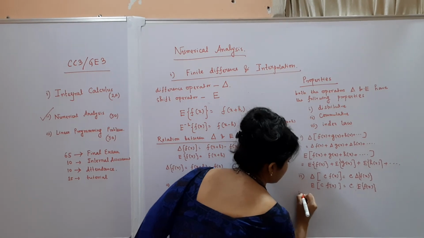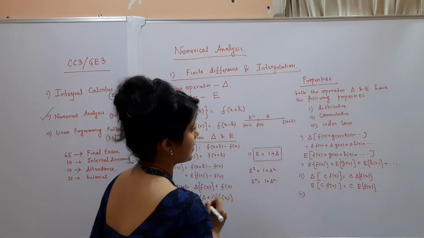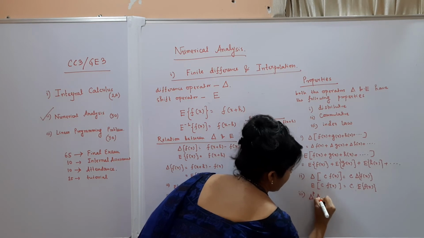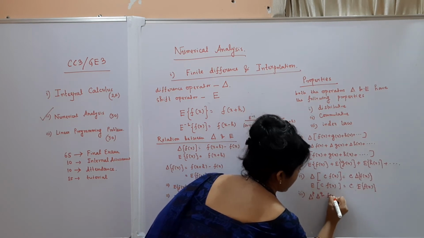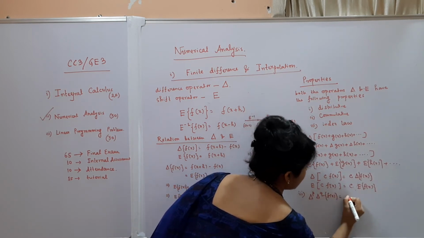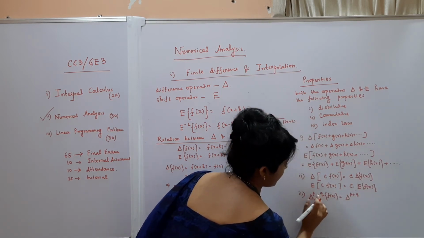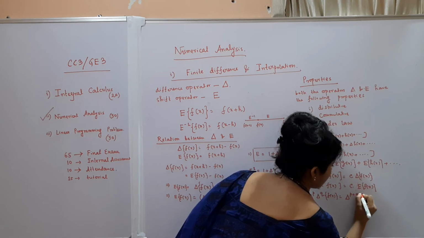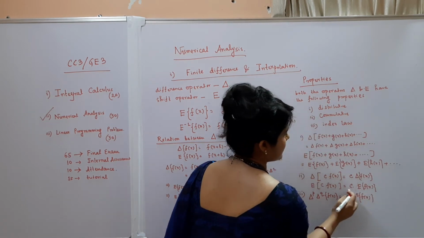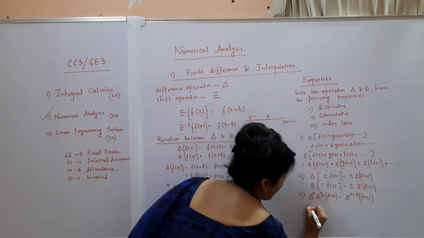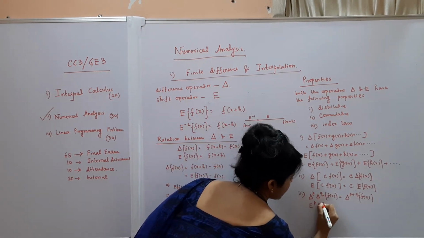And the third one is the index law. So what is the index law? If delta to the power p and delta to the power q are applied on f of x, then you can easily add the powers, and then this difference operator can be applied on f of x and the result will be the same. It is similar for the shift operator.